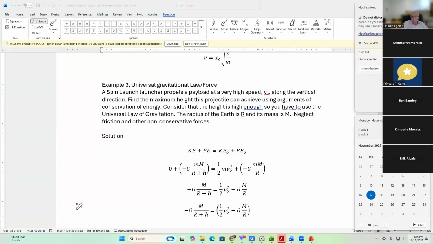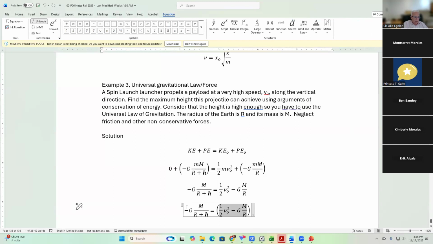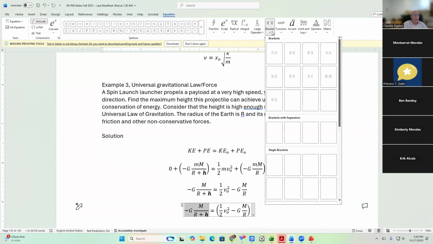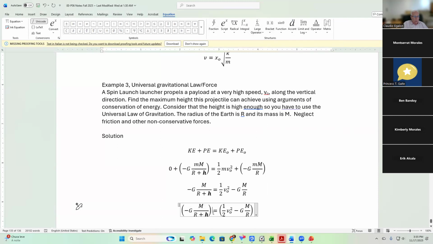At our break here, 10:55. Let's finish that, and then we have our break. We're going to take the inverse on both sides.